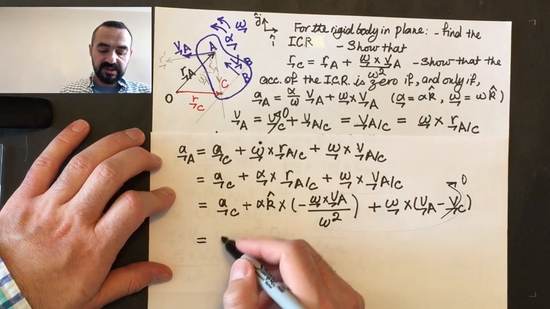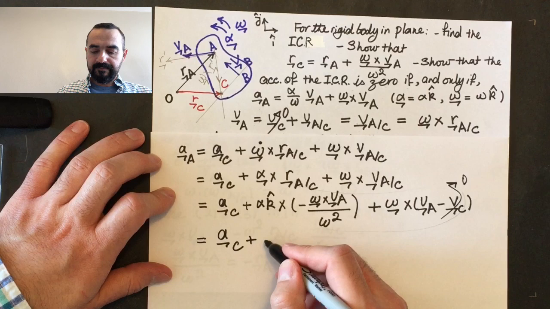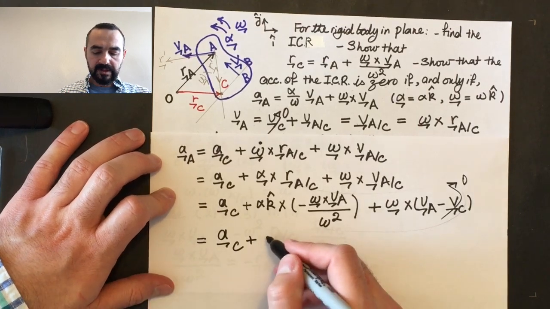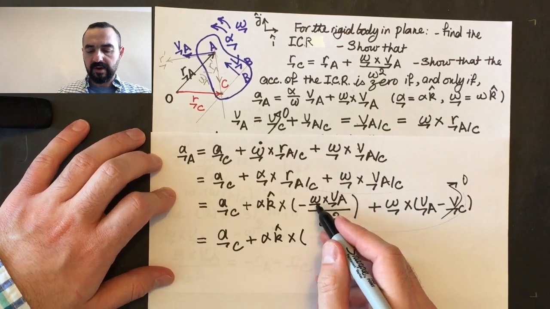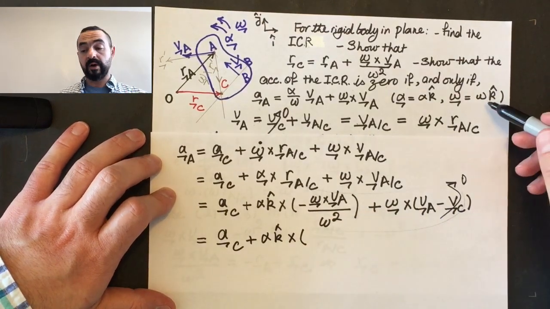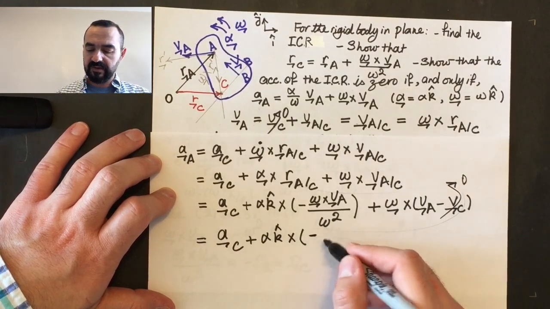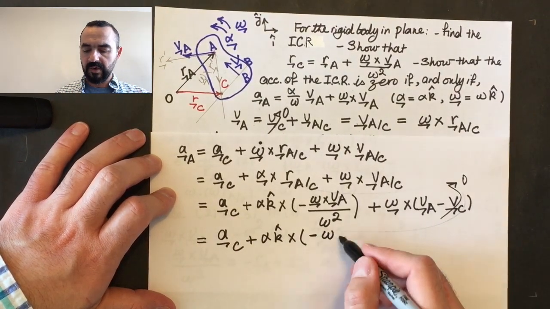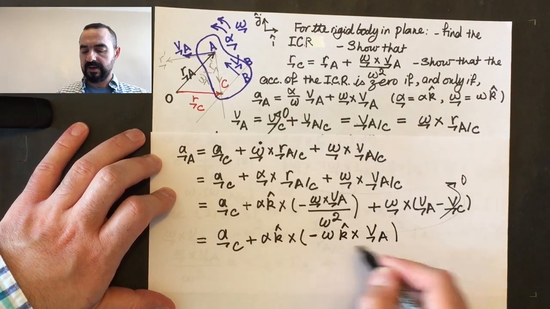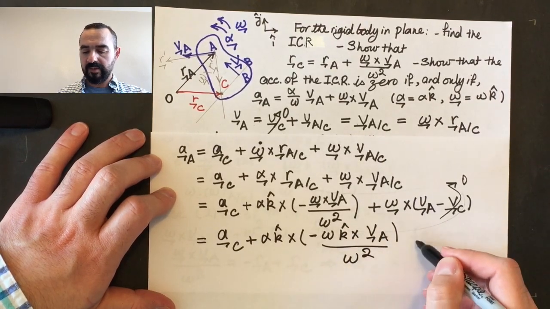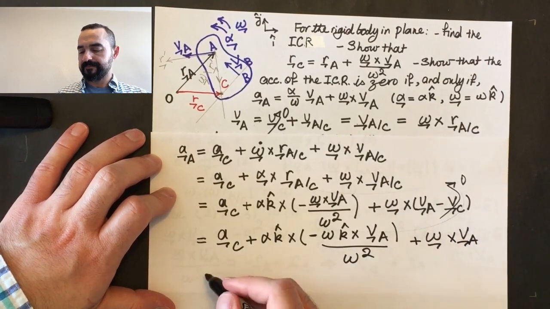Let's expand this and say alpha k cross, and I'm going to replace omega because omega is also a vector along k hat. So this is what I'm going to do: omega magnitude k hat cross V A over omega squared, plus omega cross V A.